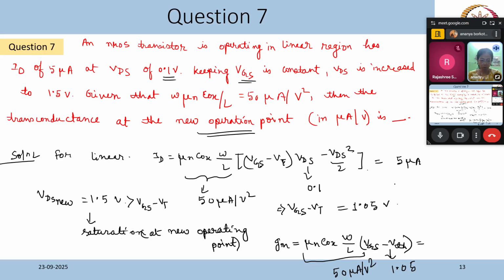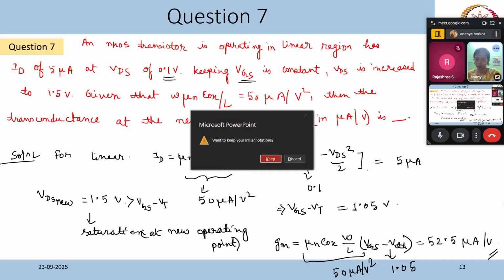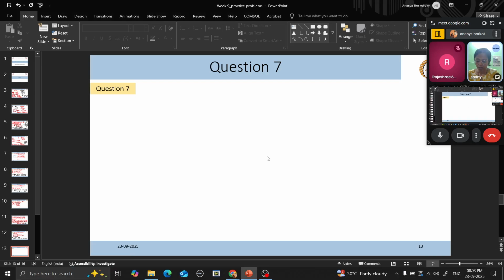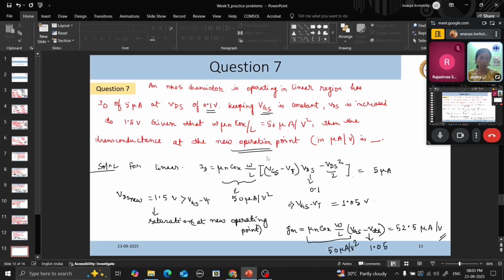So this will be 52.5 microampere per volt. This was a question from GATE 2024.